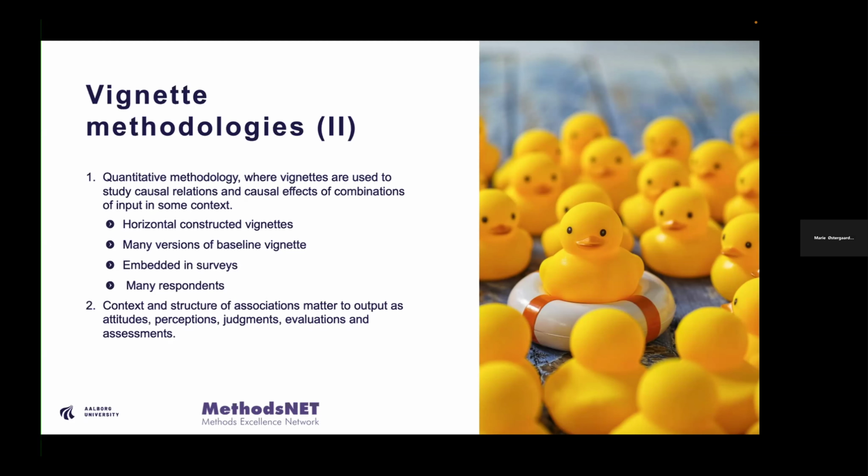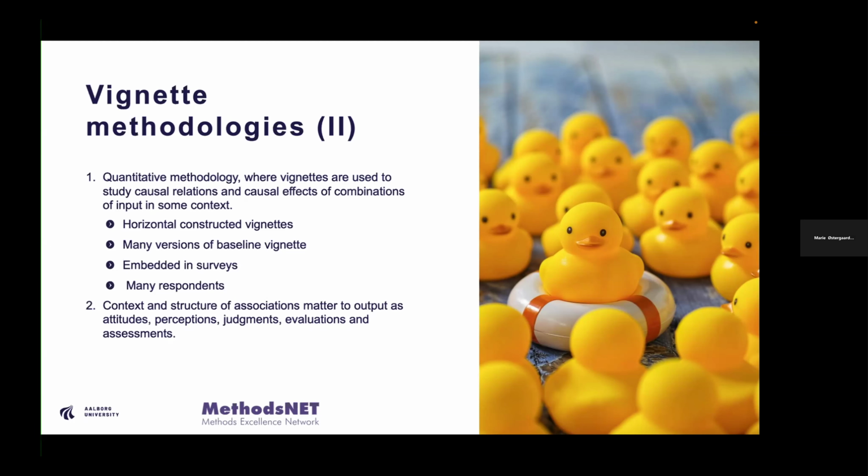So where in qual we embed vignettes in interviews, here you embed the vignettes in surveys. Of course, we have many respondents, which means you can use the different reactions to the vignettes to see what matters in the storyline in terms of the output or the dependent variable you are studying.